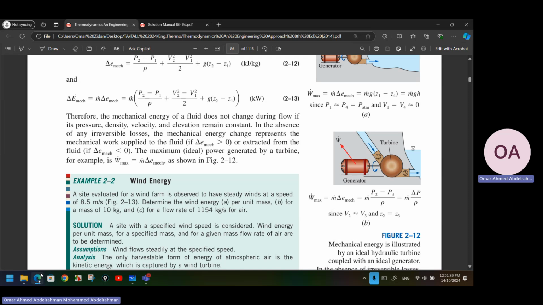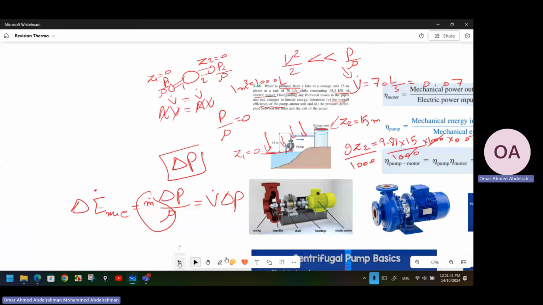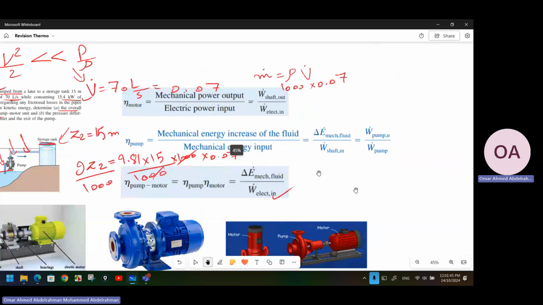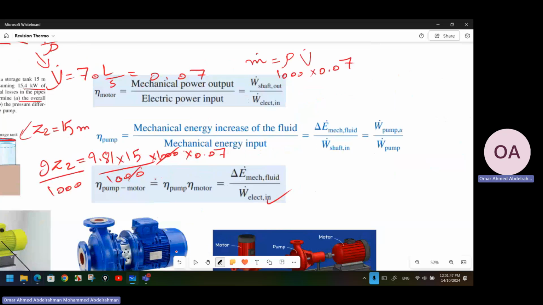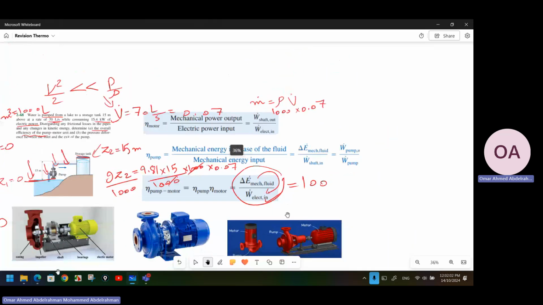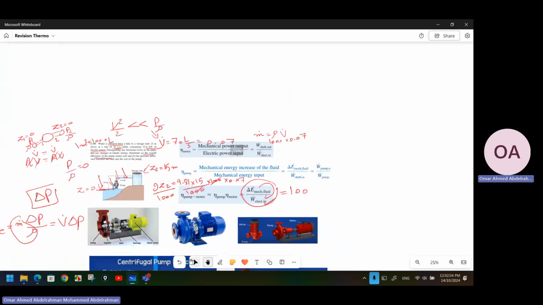If the efficiency is 100%, that means that the W max, or the W, is equal to the mechanical energy change of the fluid. So this one is equal to this one, and that is why he said W max. But this case you will not have in the real world. So that is for this question. Try to understand how each of these systems is working.